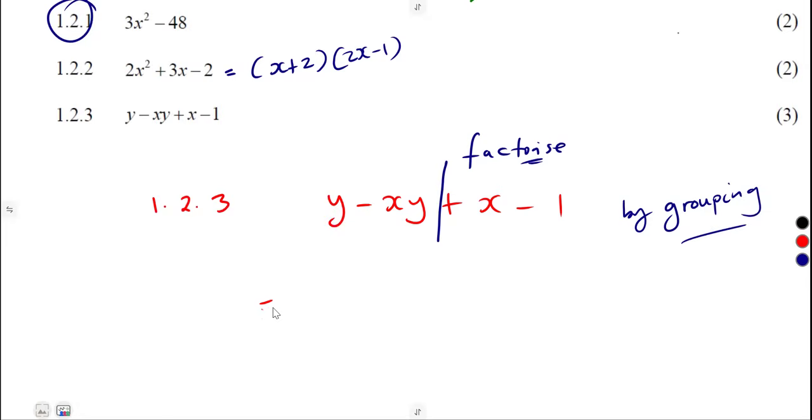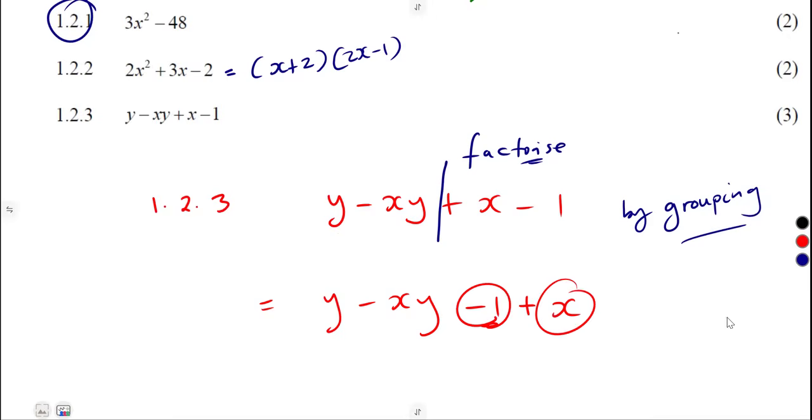You can just rewrite this as y minus xy like this. Then, guys, rewriting does not affect the sign. We are just starting with the number, which is our constant, minus 1. Then we end with what? With the x. As it is, it was a plus. It is just rewriting to say the first one is just a constant, then the other part is x.